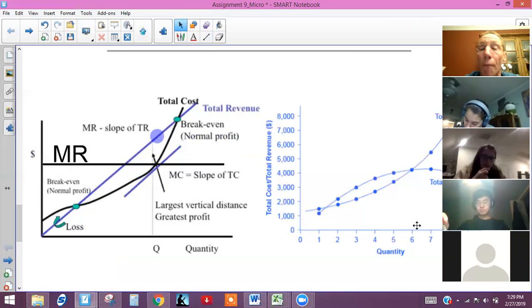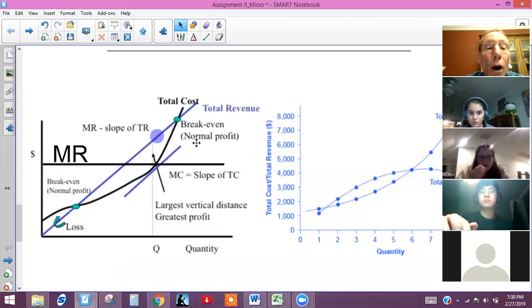Okay, now that's a firm in a perfectly competitive market. Now, where are they going to make their maximum profit? Where there's the biggest difference between total cost and total revenue.